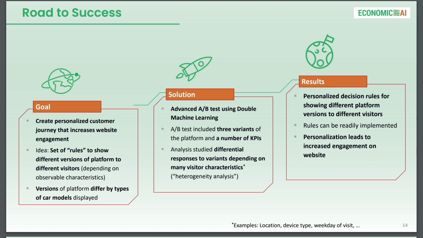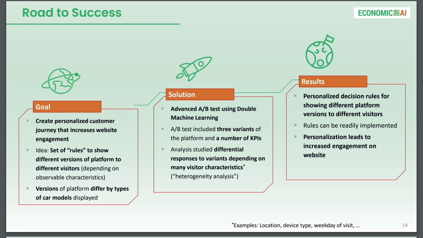And this was actually quite interesting. So for example, we found that the engagement of Apple users that accessed the platform in the afternoon on the weekend was particularly strong when we showed them the platform version that initially displayed only expensive cars.